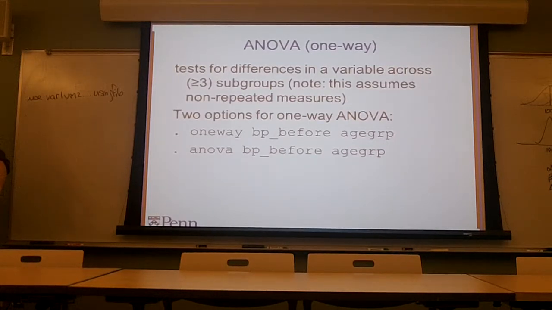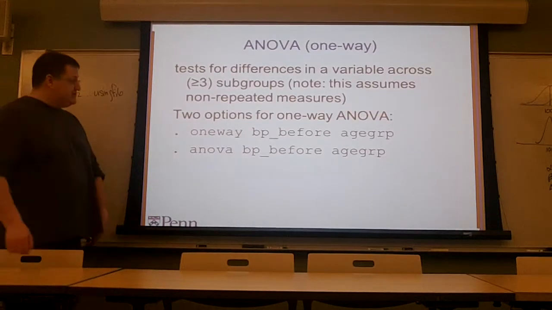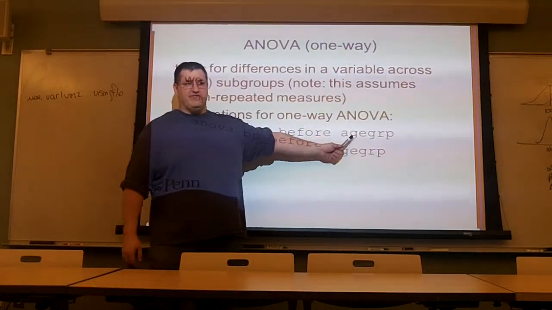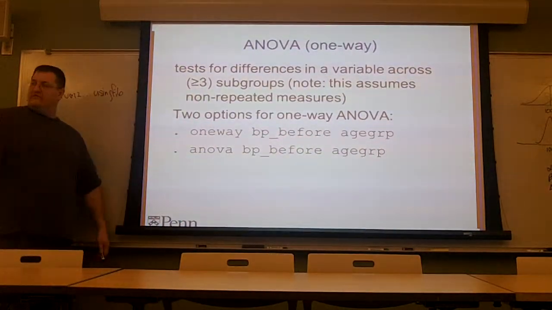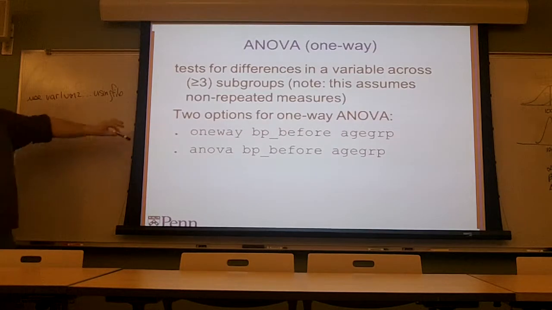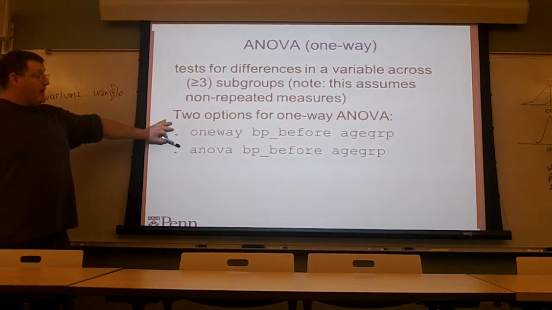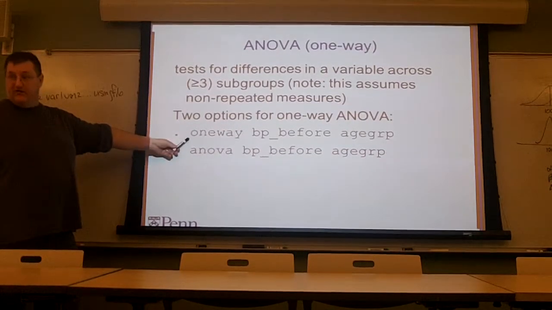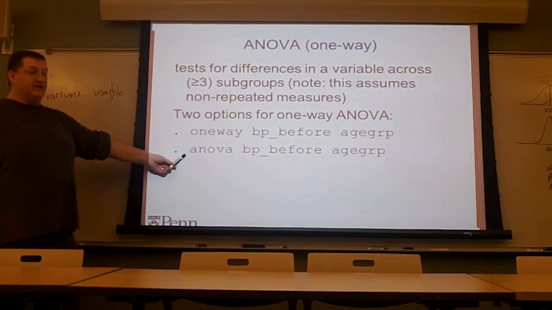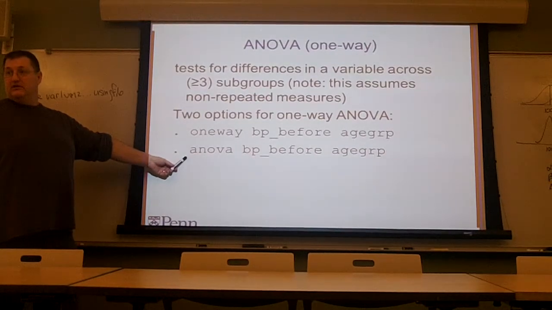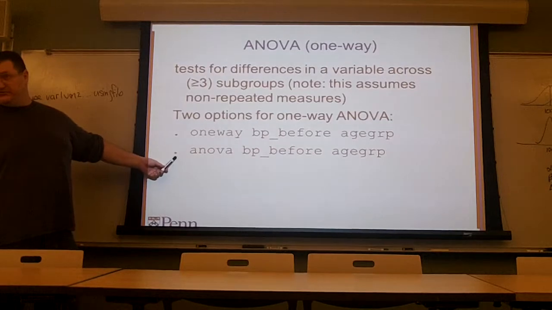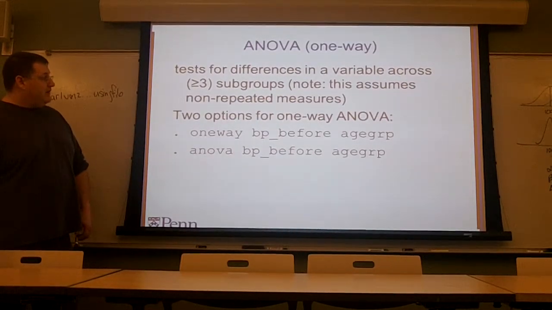A factor would be our predictor, our independent variable. So in ANOVA language, we have our dependent variable and our factor. Our factor is some categorical variable, right? These two things will do a one-way ANOVA, but the oneway command only does a one-way ANOVA, whereas the anova command can do a one-way, a two-way, a three-way, an ANCOVA, lots of other models that we're going to learn, right?